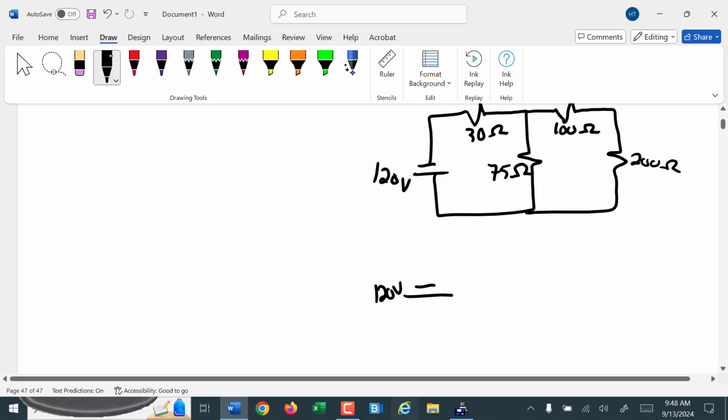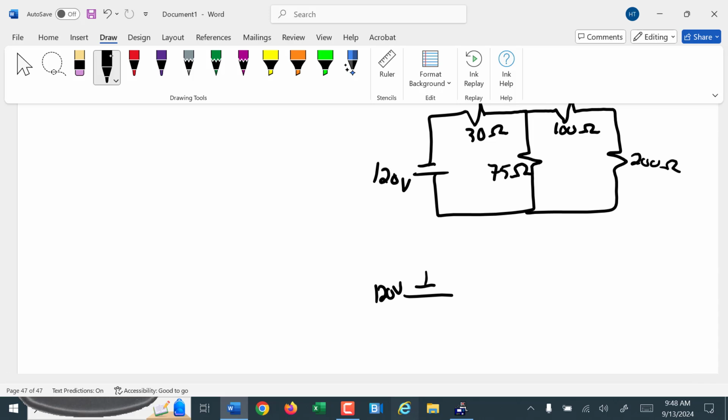This is 120 volts. As I go around the circuit here, I hit the 30 ohm resistor, so I go down. I'll put my 30 ohm resistor here. Then I hit a branch where it branches off. So I'm going to split this. One side of the branch I have 75 ohms.